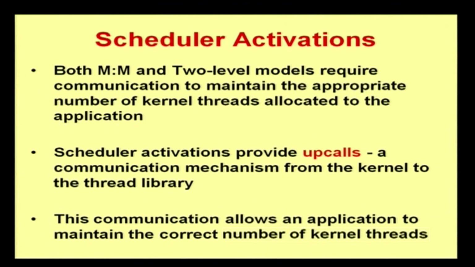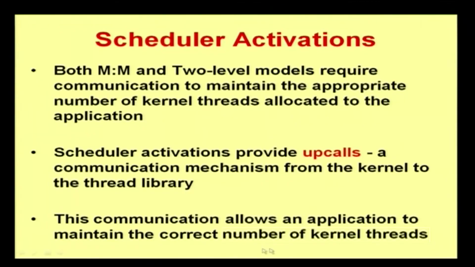Then the third point is that this communication allows an application to maintain the correct number of kernel threads. So these are the three different points required to activate a scheduler.